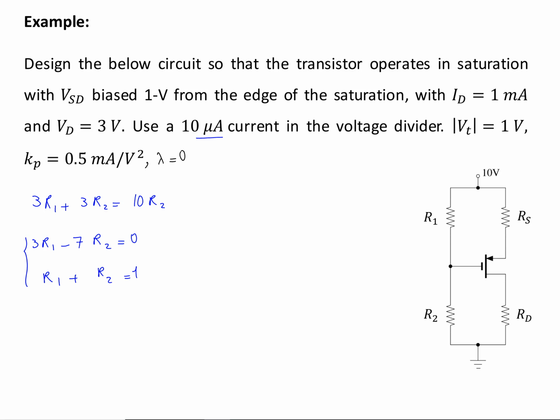If I solve these two equations, I'm going to get R1 equal to 0.7 mega ohm and R2 equal to 0.3 mega ohm. So I found all of the unknowns in my circuit to finalize the design. I have all the unknowns and the design is complete.